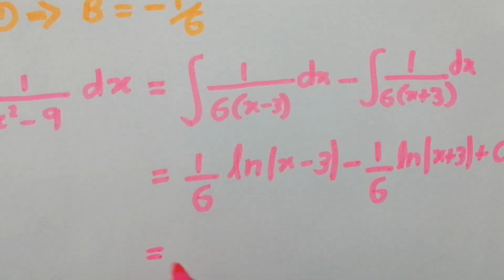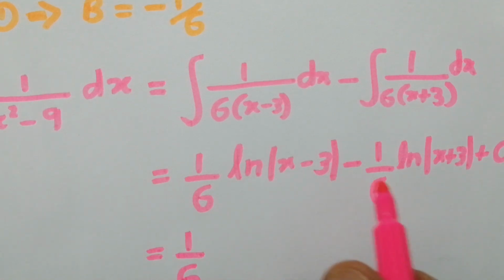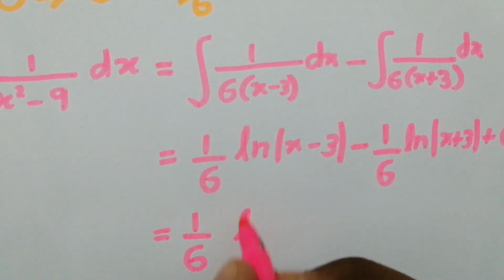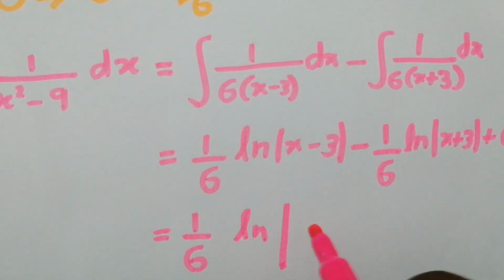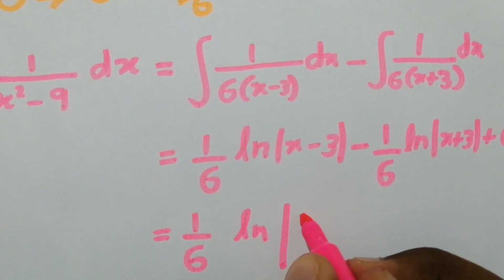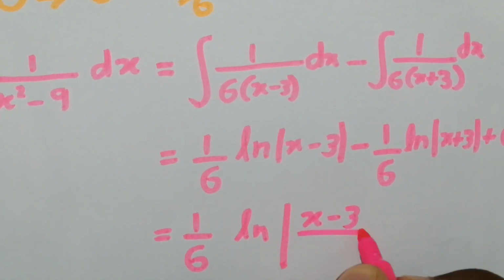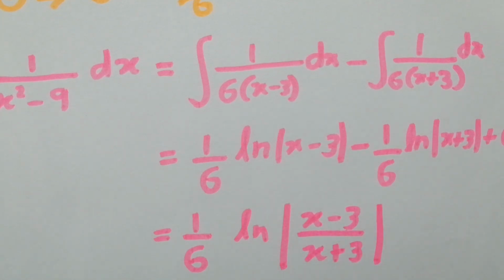Then here 1 upon 6 is the common factor. If I take 1 upon 6 out, I am having ln of x minus 3 minus ln of x plus 3. Then altogether I can write ln of the ratio x minus 3 upon x plus 3, since there is a negative sign in here, plus c.